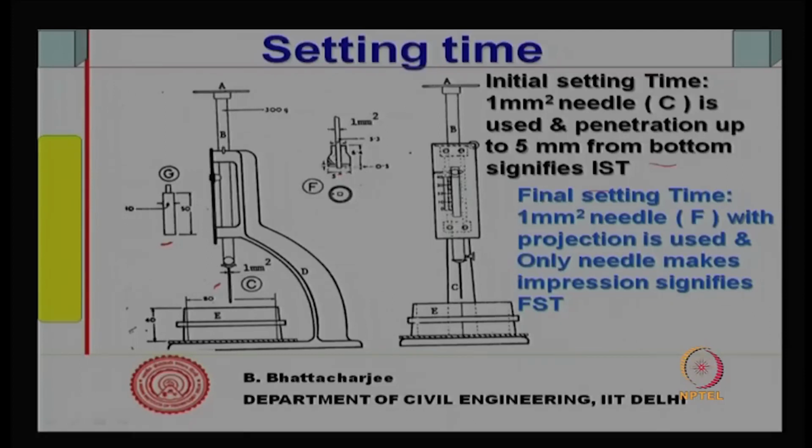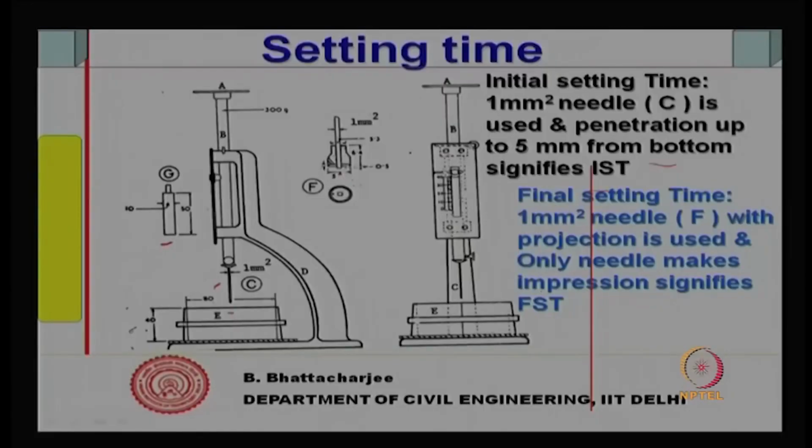When this projection makes a mark onto the cement paste top, but the outer peripheral mark is not there, and only the needle makes an impression, the other one does not make any impression. That means its penetration is very small, less than or equal to 0.3 millimeter.